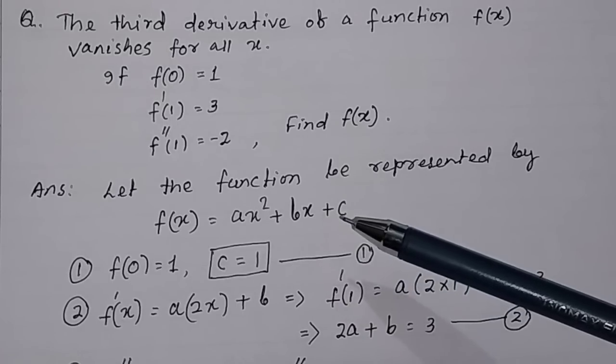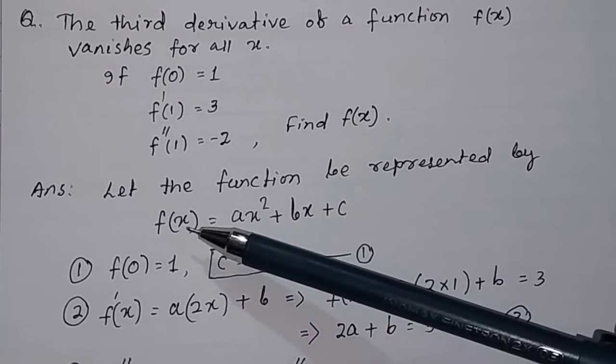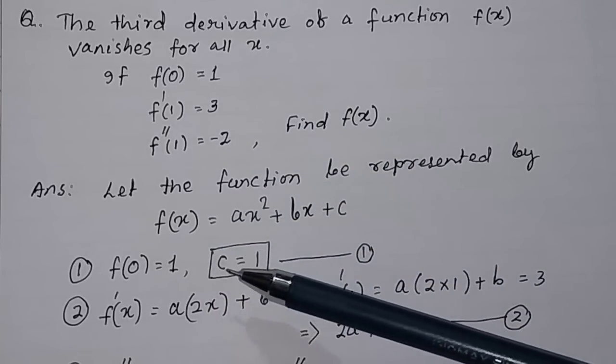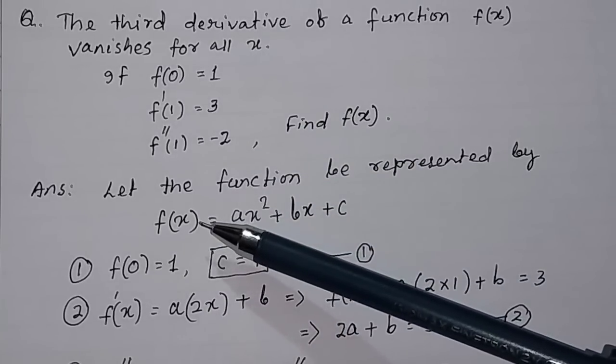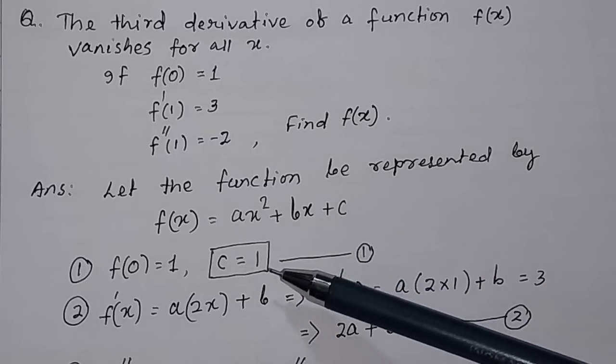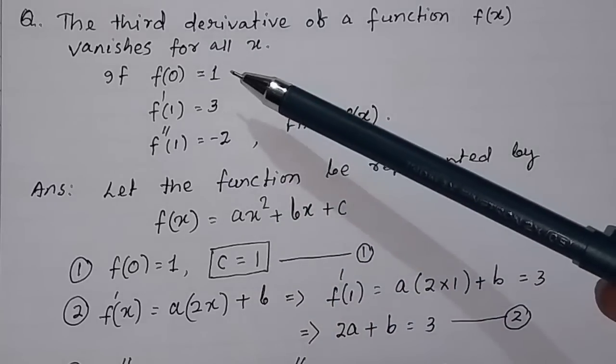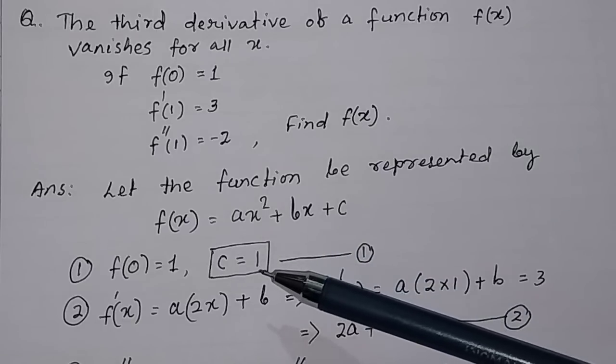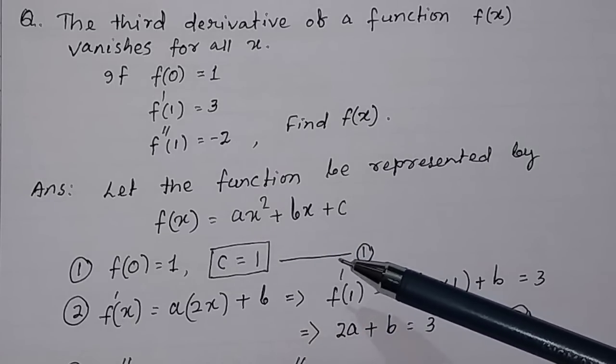So the function is c, and it is given as 1. So c will be equal to 1. From this condition, we can find the value of c, that is equal to 1.